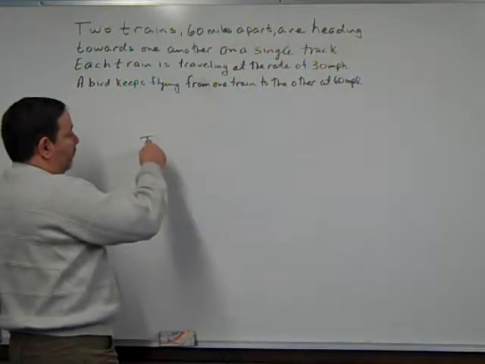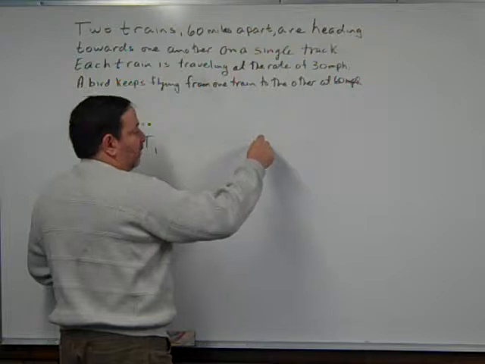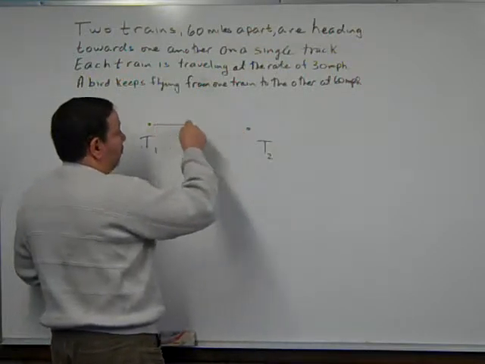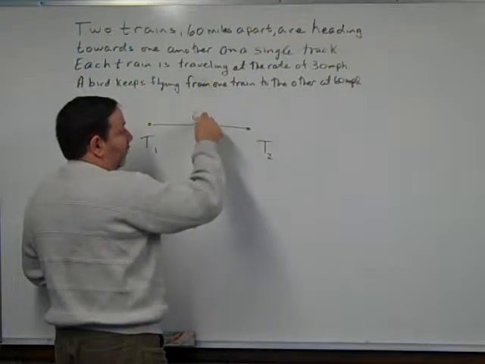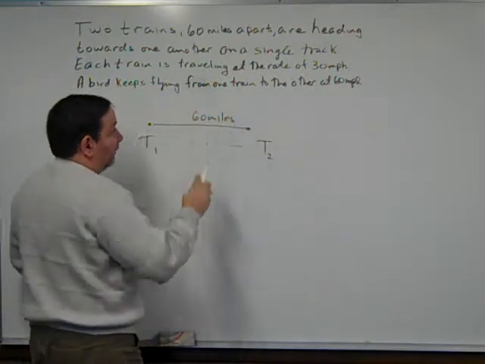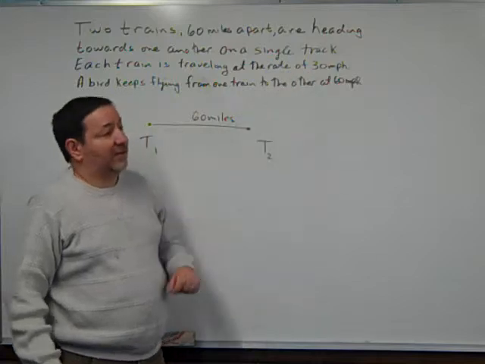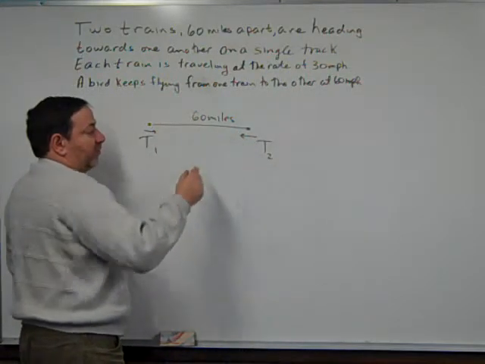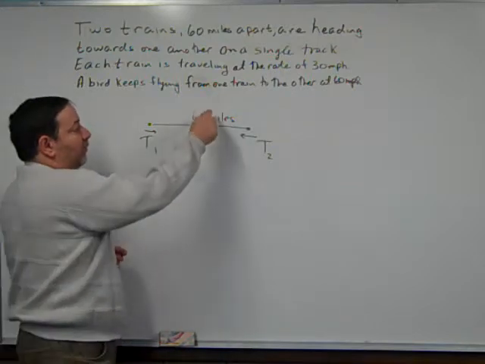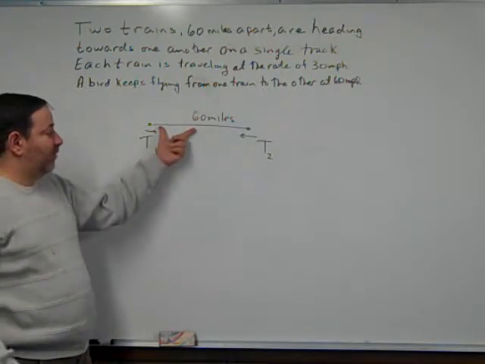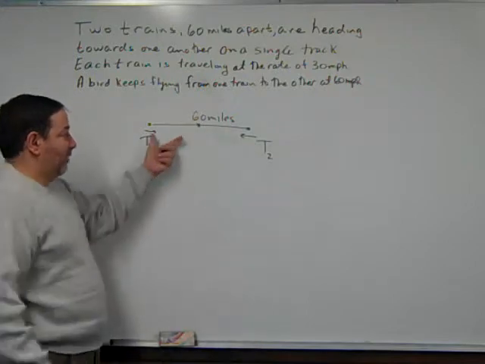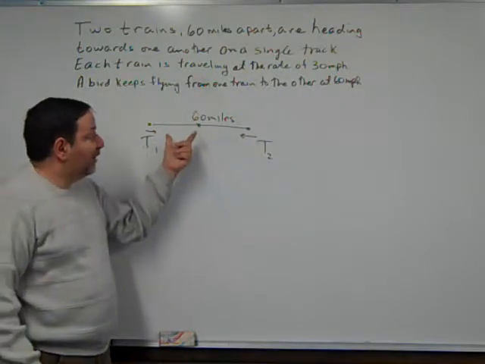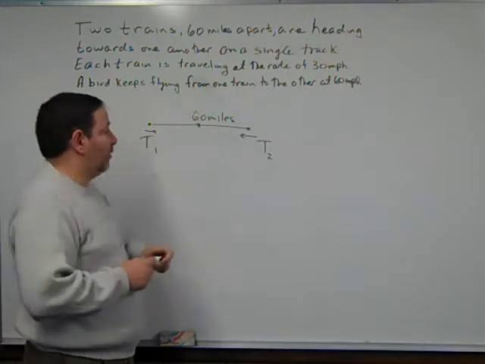So if you have train 1 over here, and train 2 right here, and the total distance is 60 miles, and each train goes 30 miles an hour, train 1 is going this way, train 2 is going that way. In 1 hour, train 1 will have gone 30 miles, and train 2 would have gone 30 miles, meaning that the trains are going to collide.